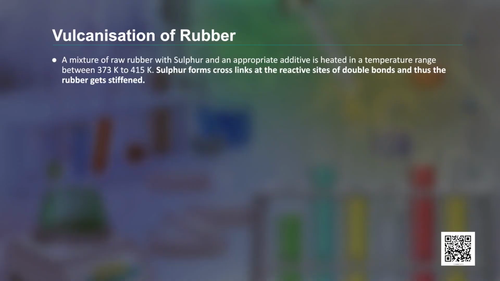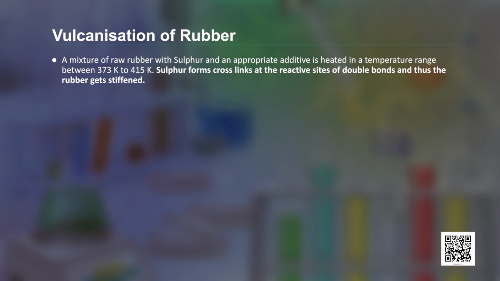You must be wondering, can these properties be improved? The answer is yes, these can be improved by adding some cross-linking agent. A mixture of raw rubber with sulfur and an appropriate additive is heated in a temperature range between 373 kelvins to 415 kelvins.